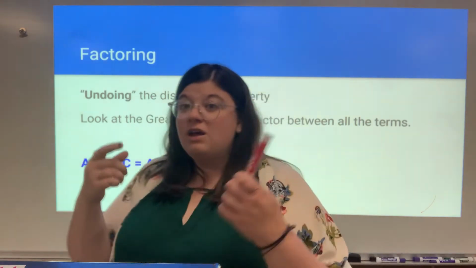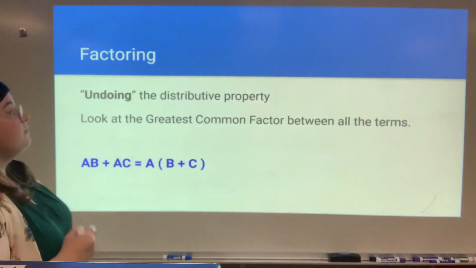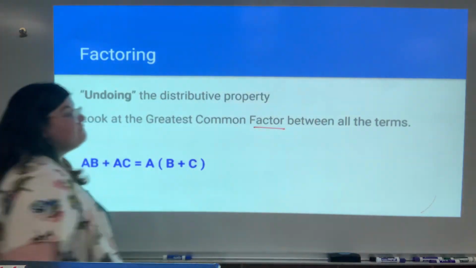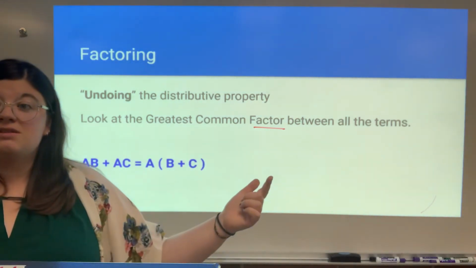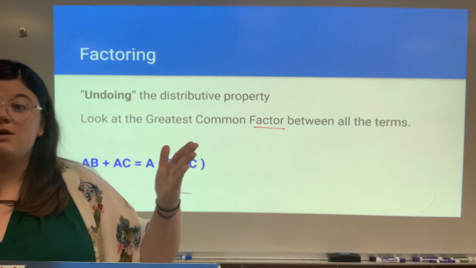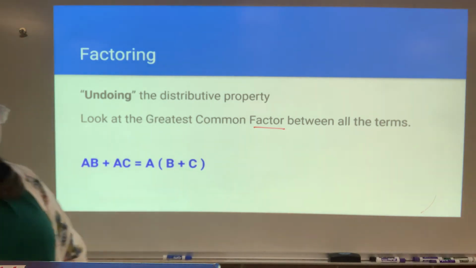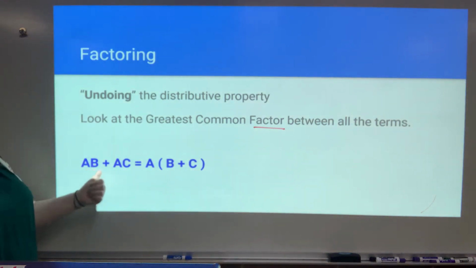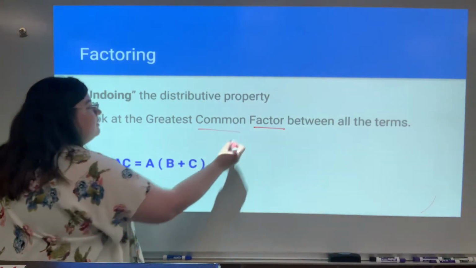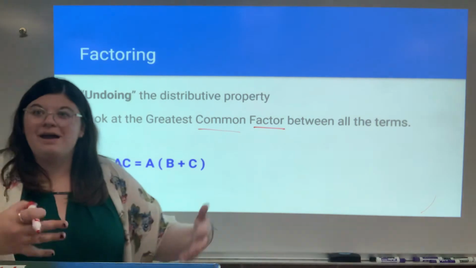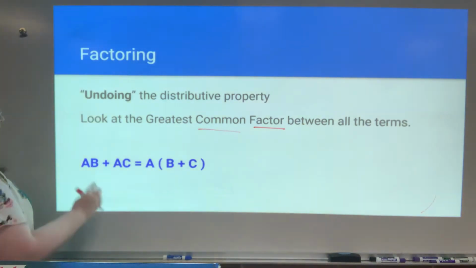So when I'm saying greatest common factor, again, factor is something that you're multiplying. 2 times 3 equals 6. Your factors are 2 and 3. Your product is 6, right? So your greatest common factor between these two terms, again, common, the one that you have in common with, right? The same one in here.